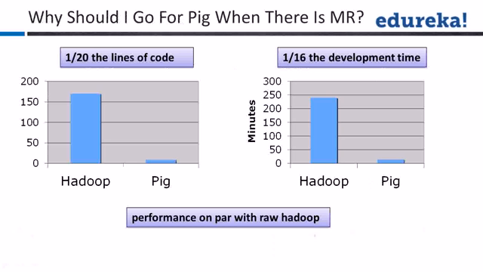Let's see. So why should I go for Pig when there is MR? Again, the same question. One important thing here: one twentieth of the lines of code. This is typically what the solution will be when we say Hadoop, it means MR. You'll have this much, versus Pig will be this. So this is development time.